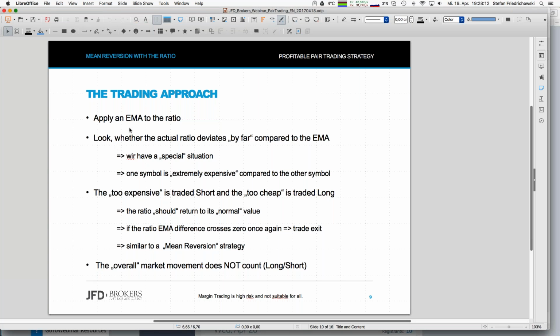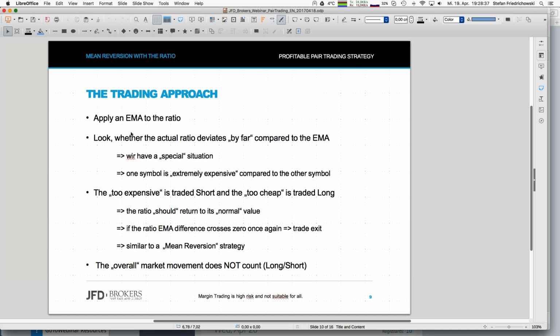And now we look for deviations of that actual ratio compared to that EMA on that ratio. And whenever we find that it deviates quite impressively, then we say, now we have a special situation.